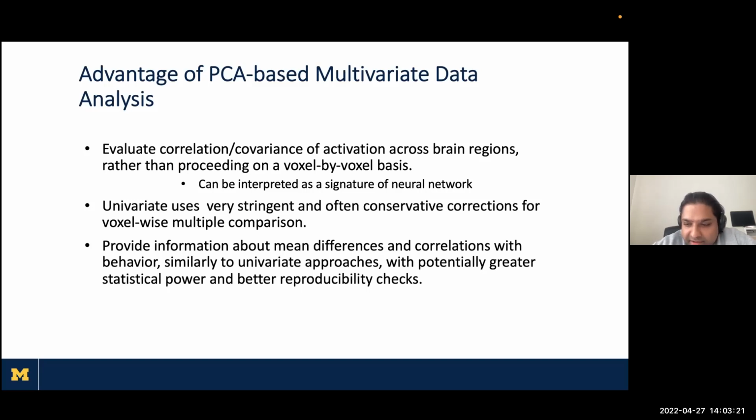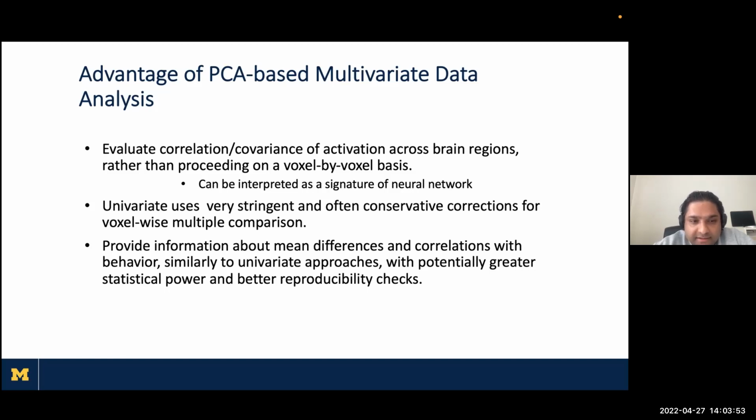Similarly, the univariate methods, like the SPM-based voxel-based morphometry method, use very stringent and often conservative correction for voxel-wise multiple comparison. So even though we see the pattern forming on a voxel basis, it's sometimes hard to pass those multiple comparisons because of the number of voxels involved.